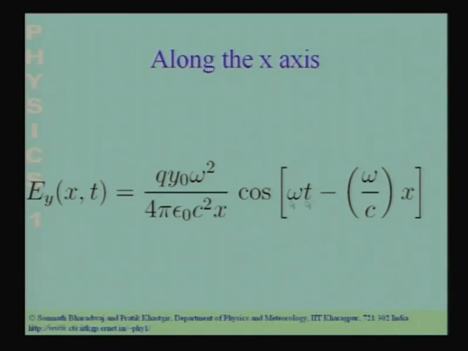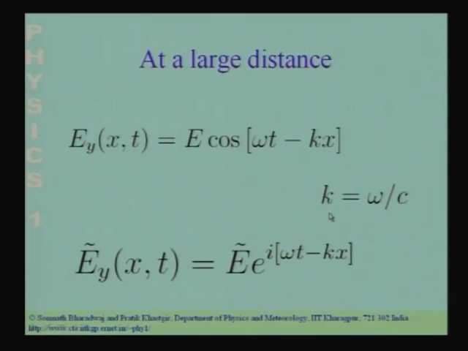If I make this assumption, if I work in this regime, we can write down the expression for E, which has only a y component. The expression for that, as I vary x and as a function of time, is a constant into cos(omega t minus kx), where I have used k to denote omega by c.